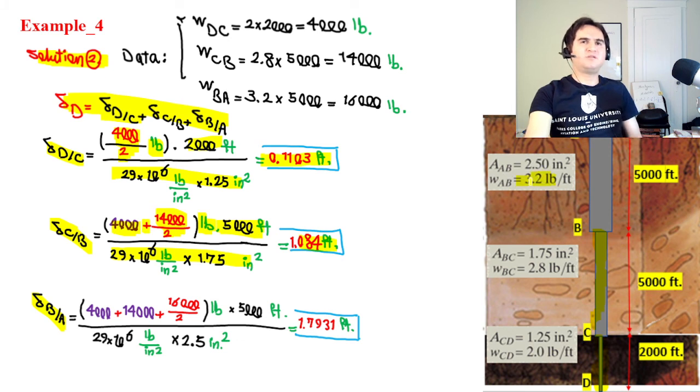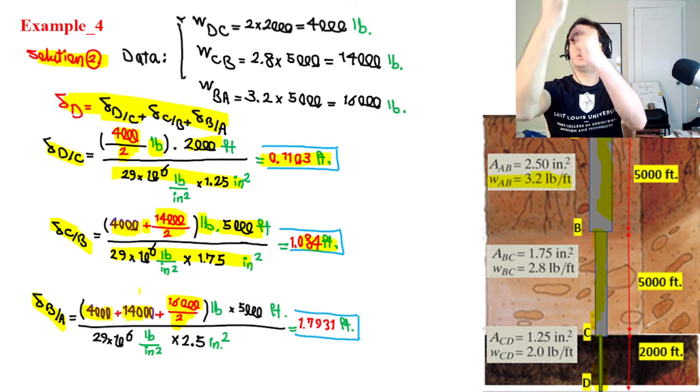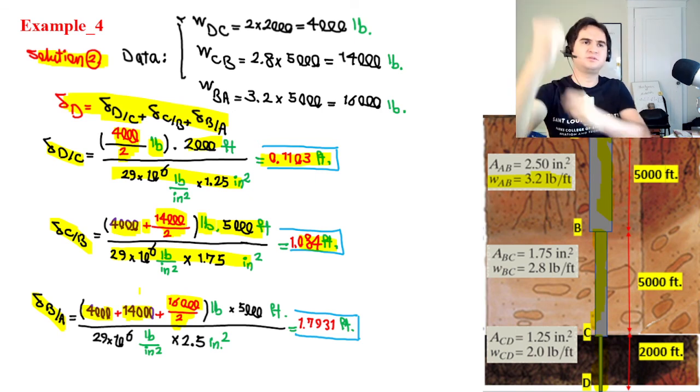Likewise, do the same for the first part. BA is the weight of 3.2 pounds per foot times 5,000, which gives you 16,000. Convert that distributed load to a concentrated load of half of that amount, which is 16,000 over 2. But do not forget the two additional loads, 4,000 and 14,000, which are the two other shafts hanging from the very first one.